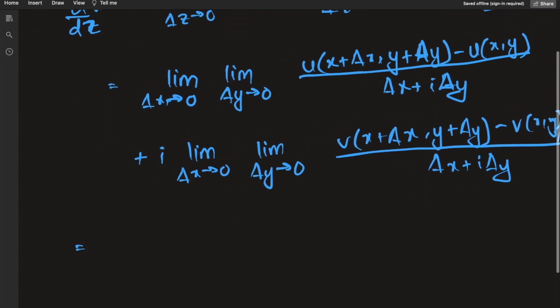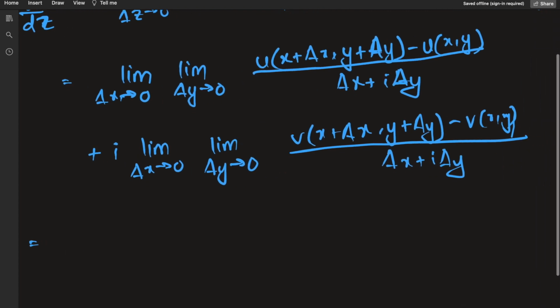Now if we evaluate the limit as delta y goes to 0 first, all these delta y terms will go to 0. So this will go to 0, this will go to 0, same thing here, this will go to 0, and this will go to 0.